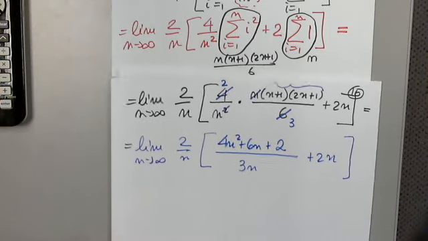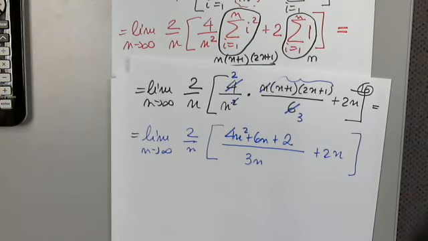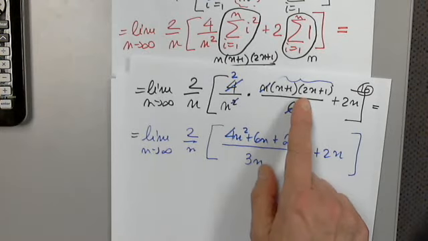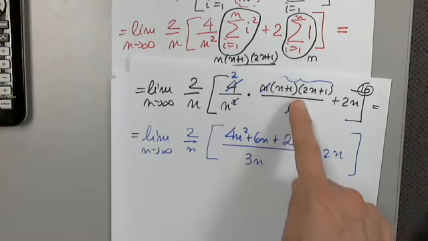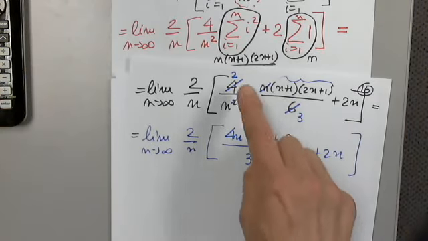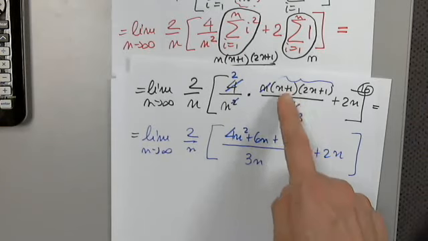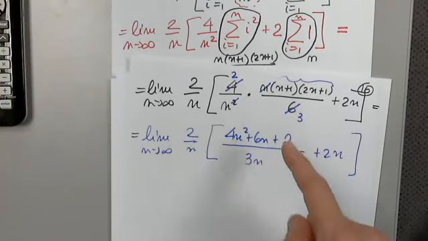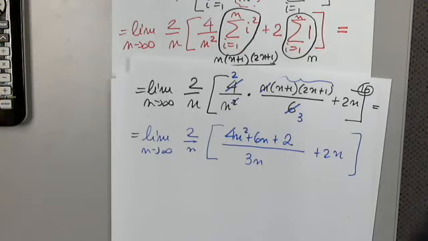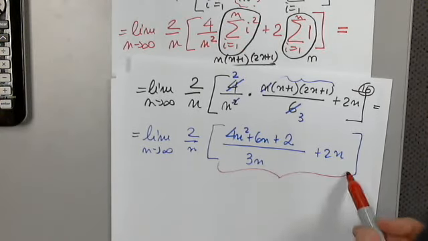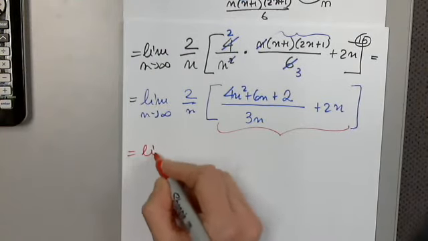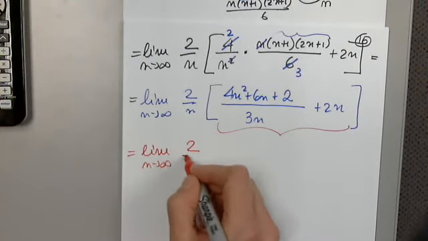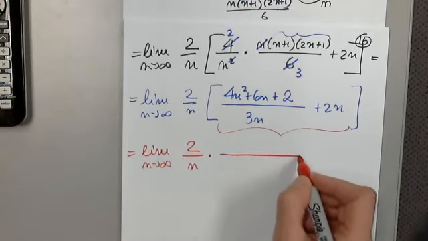Let's take a moment and make sure that this is okay. So n times 2n is 2n squared multiplied by 2, 4n squared. Positive n plus 2n is 3n multiplied by 2 is 6n. 1 times 1 is 1 multiplied by 2 is 2. So far so good? I need the least common denominator here, which is the limit as n approaches infinity of 2 over n multiplied by, what is the least common denominator?